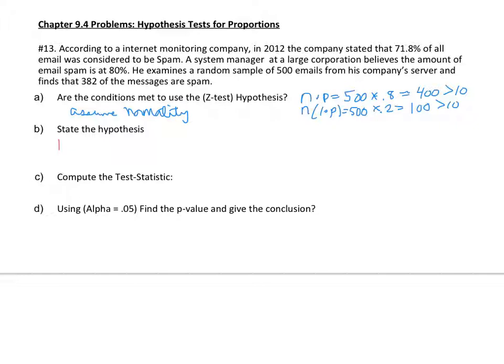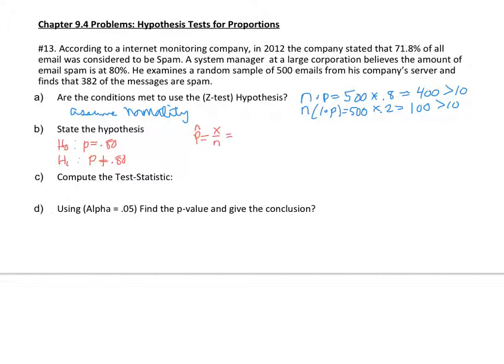So we want to state the hypothesis. Our hypothesis, H naught, is p is equal to 0.80, and H 1, the alternative, p is not equal to 0.80. Okay, and now we want to compute the test statistic, and if you will recall, the several things that we need to know for the test statistic is p hat. p hat is equal to x over n.